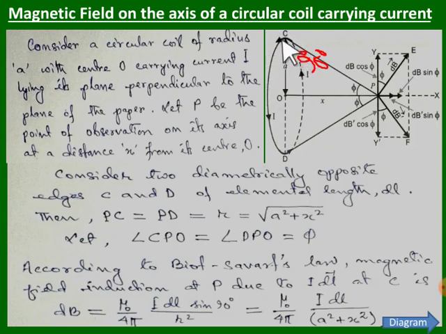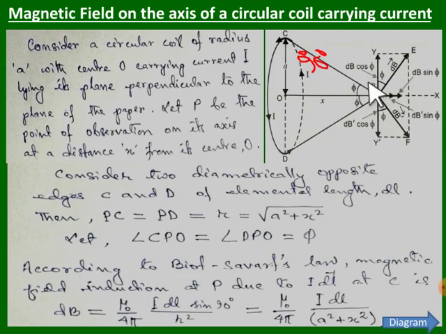The direction of this IDL will be on that vertical plane perpendicular to this plane, so that small direction you need to take as a line. So this PE vector will be perpendicular to both what? The vector IDL as well as the r vector.